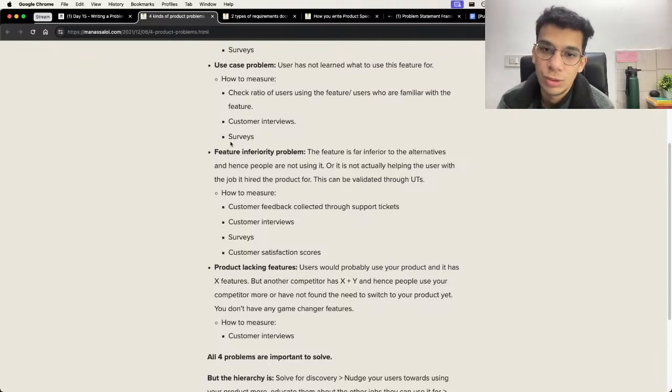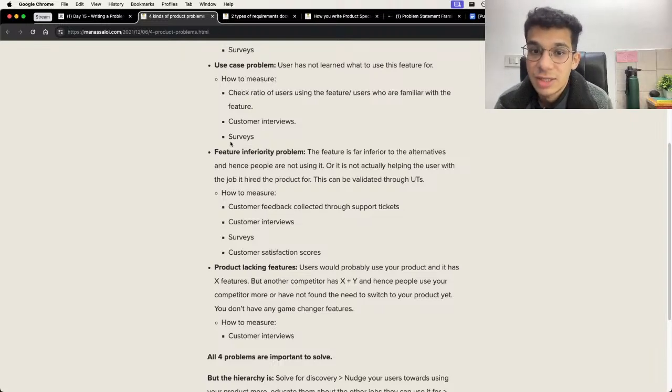You can do multiple tests for that. For example, try to get feedback from the support tickets that have been reported. Look at interviews, look at surveys, create surveys for a specific scenario, look at NPS scores and customer satisfaction scores, right?